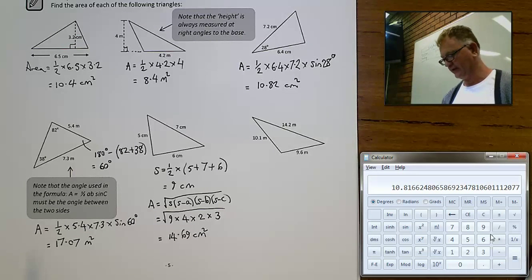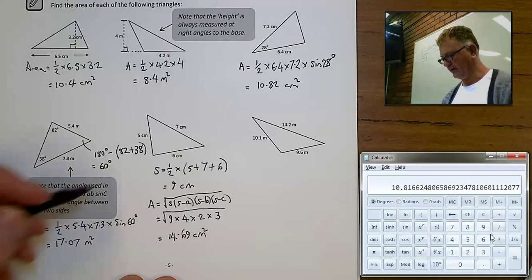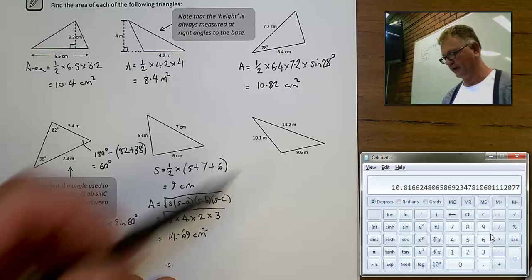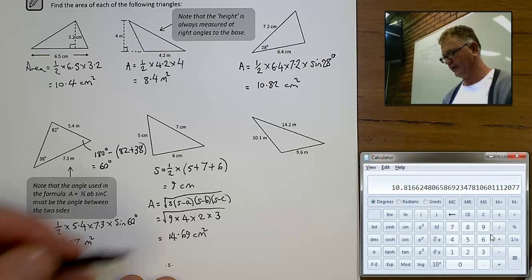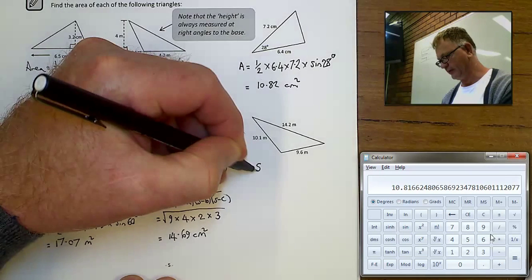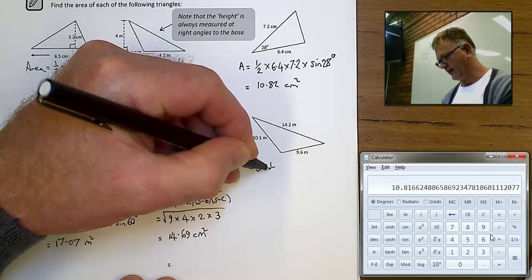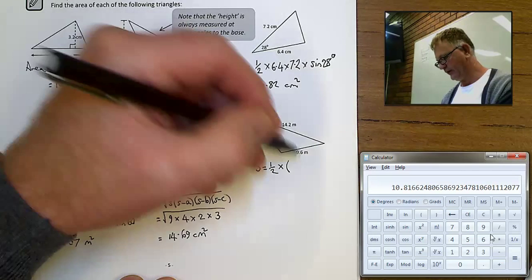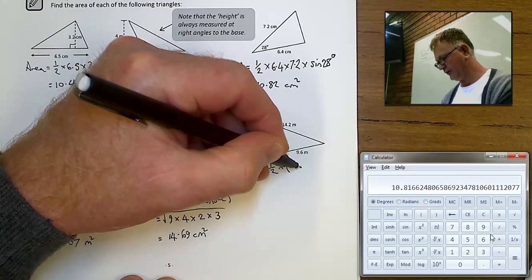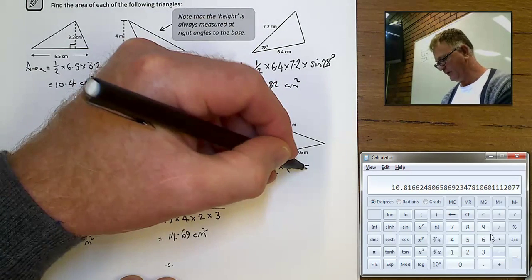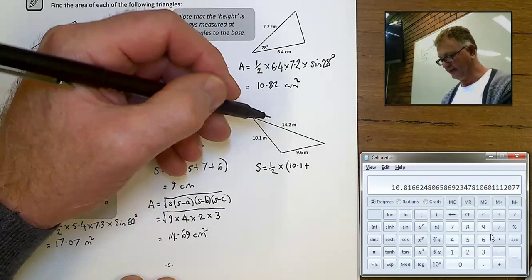Okay, the next question, same thing. Heron's formula. We know three sides of the triangle. So start by finding out half the perimeter of the triangle. A half of, add those three sides together. Be careful when you do this on your calculator because you've got mixed operations in this question.